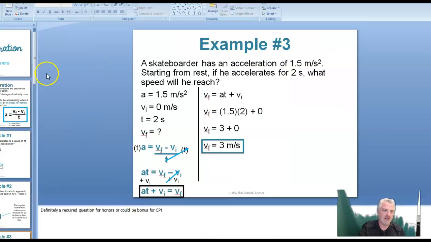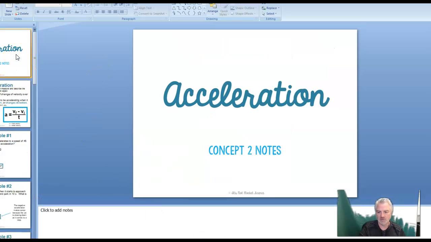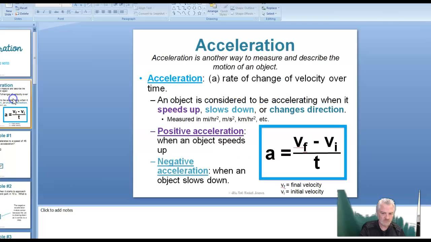Today, what we talked about introduced a new subject called acceleration. Okay, so acceleration, again, you want to put this stuff in your notes so that you have it for the test. Remember, for the actual test, I will not give you the formulas. So you will be responsible for those formulas yourself, so you can have those in your notes so that you can look those up and utilize those for the test.